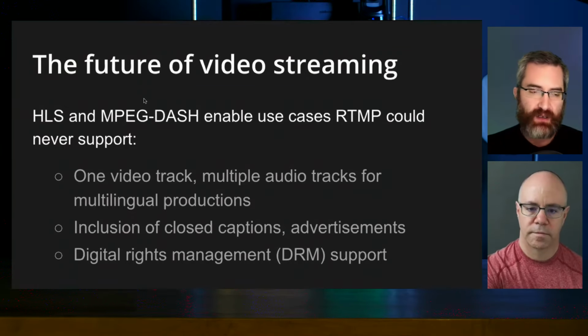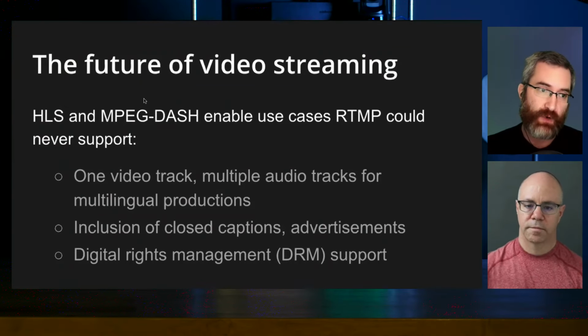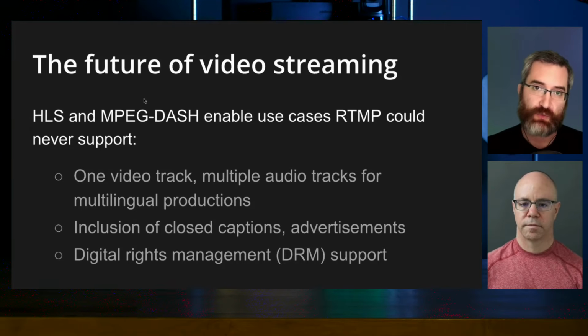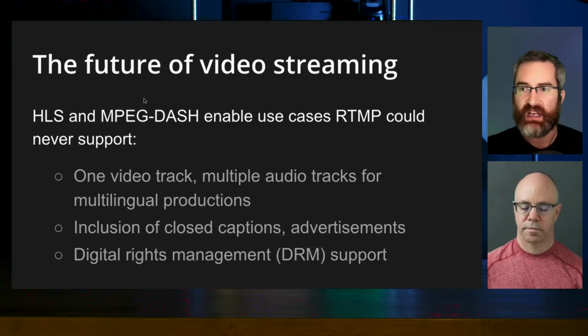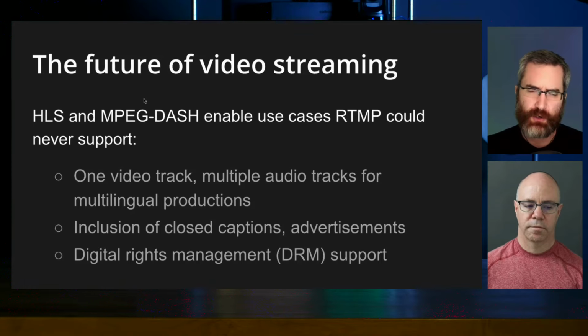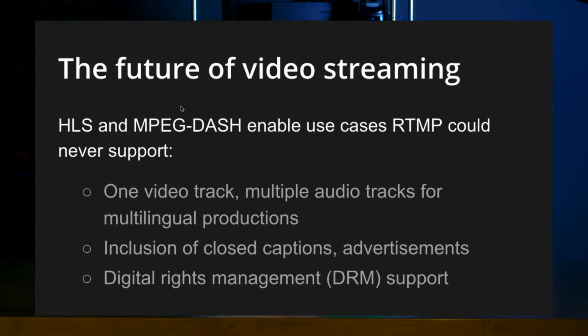Some of the ways that's important right now, and we've certainly seen that in recent history, are things like multiple audio tracks to support multilingual live streaming, inclusion of closed captioning or embedded advertising, and ultimately, not so much on the encoder contribution side, but on the distribution and delivery side, DRM support, to protect people's copyrights and so on. These are things that RTMP could never do. It literally cannot carry them.